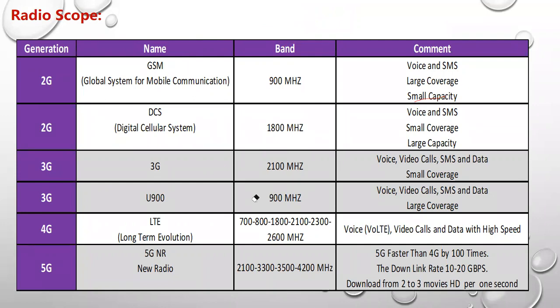Now, because of this 2G, we could all actually use mobiles. Now, the evolution started again, and we came down with 3G. And 3G first came with a band of 2,100 megahertz. And 3G gave me the services of voice, video calls, SMS, and data, or internet.